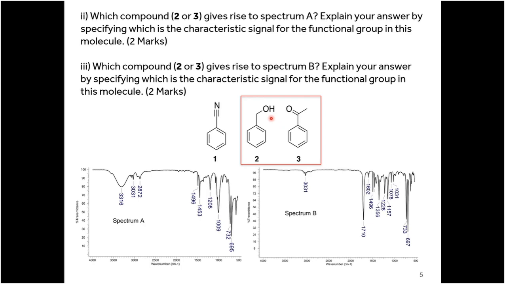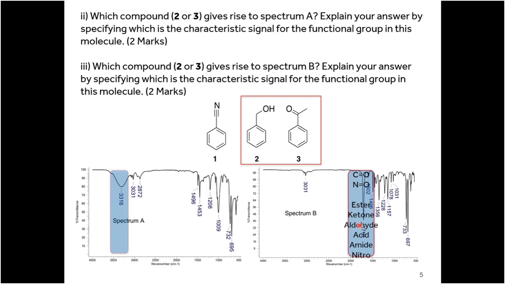Well, an alcohol group gives an absorbance between 3000 and 3600 wave numbers, which can be seen in spectrum A. So we can see this absorbance here. Now the carbon-oxygen double bond will give an absorbance in the carbonyl region of between 1550 and 1750 wave numbers, and is therefore present in spectrum B.